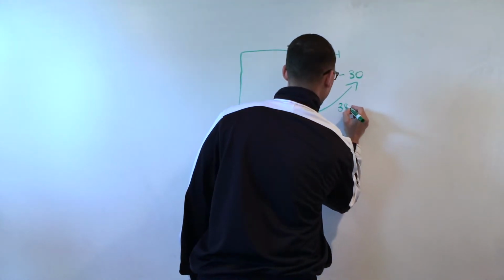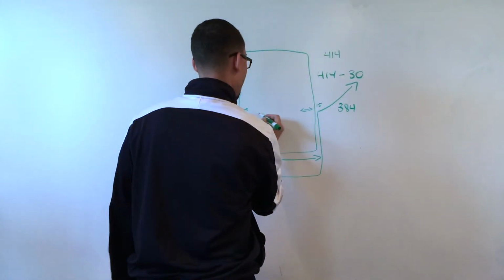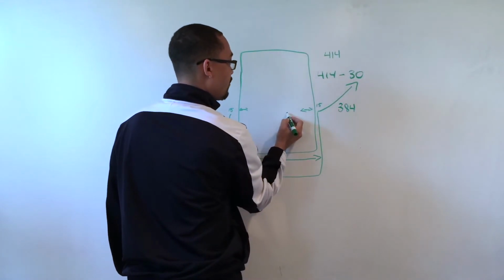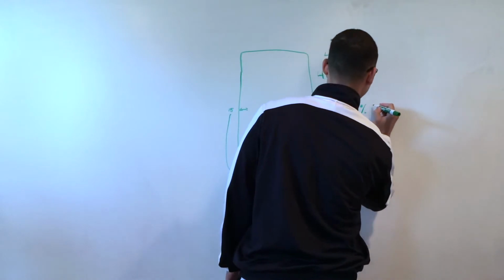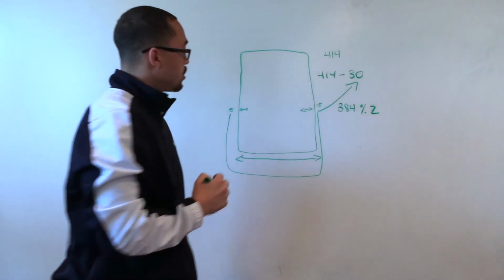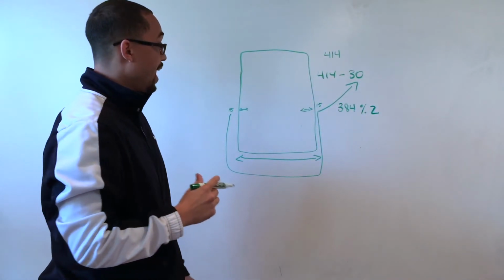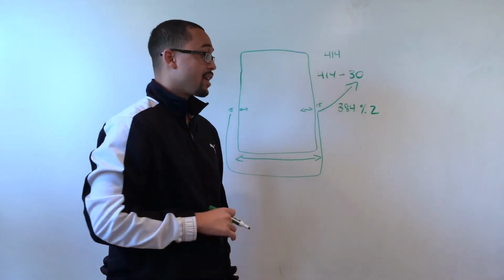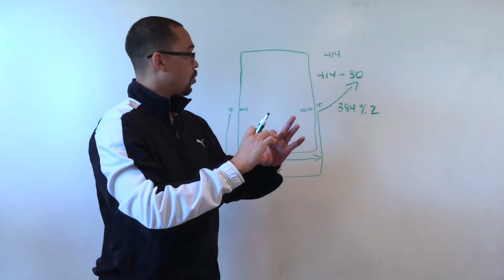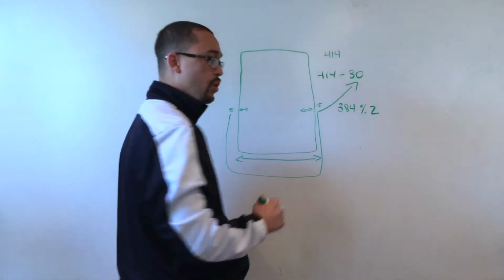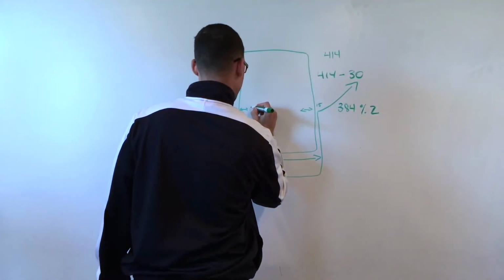So this area right here is going to be 384, and then we divide that by 2. What we're doing right here is setting the width of the button.